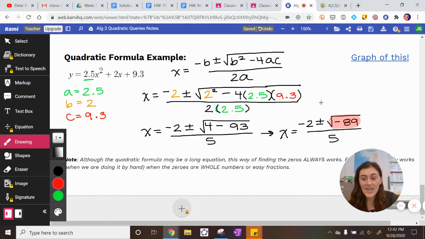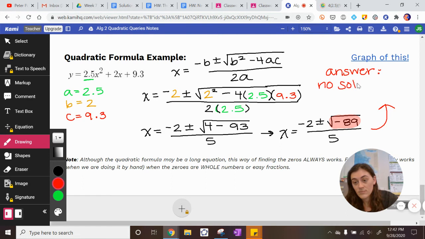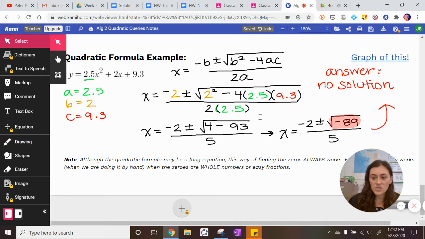And since we can't have a negative under our square root, we're actually done because our final answer is going to be no solution. And let's talk about what that means. So we get no solution, which means that there are no x-intercepts in this graph, which is honestly fine.